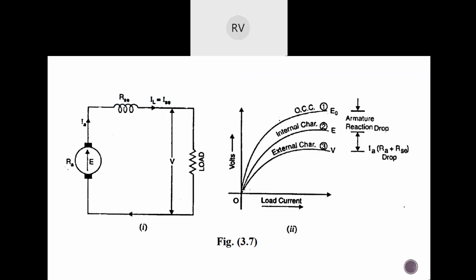Here you can see the external characteristics slightly below the internal characteristics, and the difference between curve 2 and curve 3, the internal and external characteristics, is given by the IA (RA + RSE) drop.